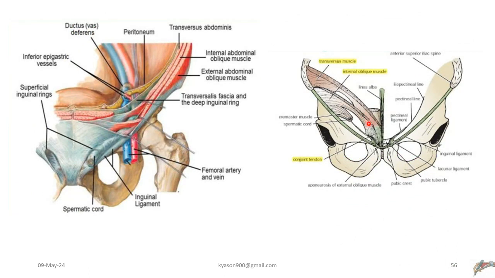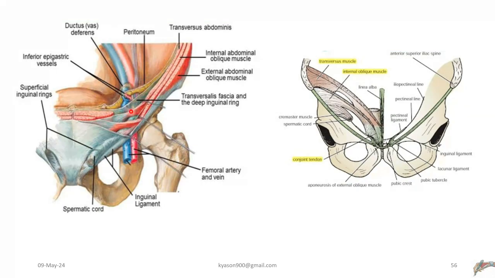So once again, you can appreciate the conjoint tendon here. It's a structure formed after fusion of the internal oblique and the transversus abdominis fibers. And last time we appreciated that it's going to attach on the pubic crest. So it's going to form the roof of our canal. This is our canal. So the roof is formed by the conjoint tendon.